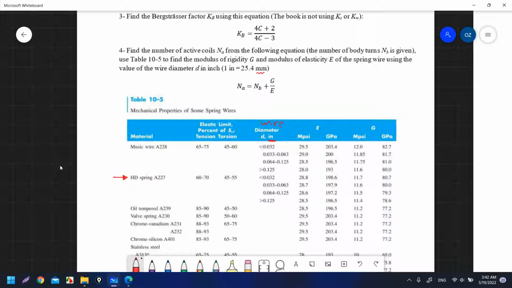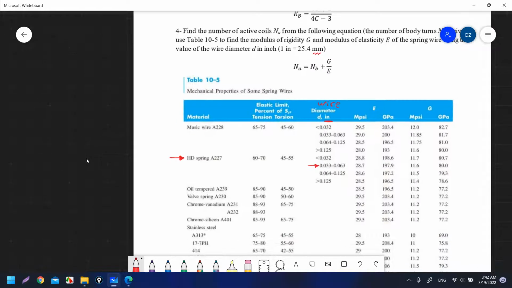Okay, my wire diameter is between these two values here. d small is 0.035 inch. So d small is larger than or equal to 0.033 and less than or equal to 0.063. So I am here. In order to find E and G, I will get these values from this table.